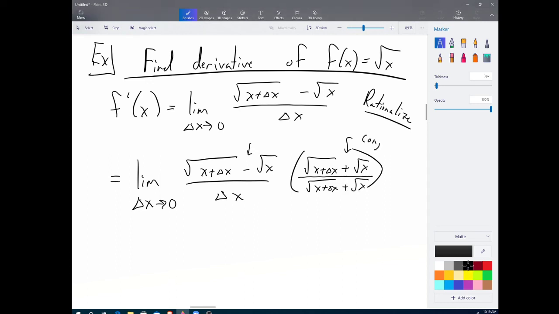These are called conjugates. And let's even make an extra note on that, conjugate pairs. Or when you had a plus b and a minus b.